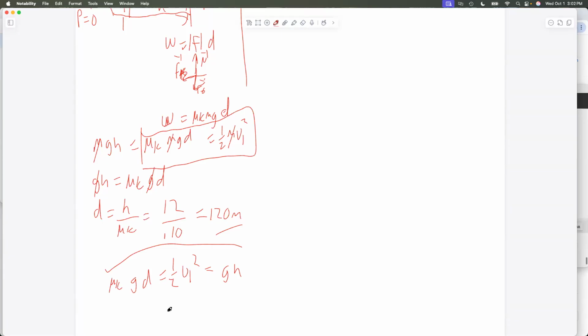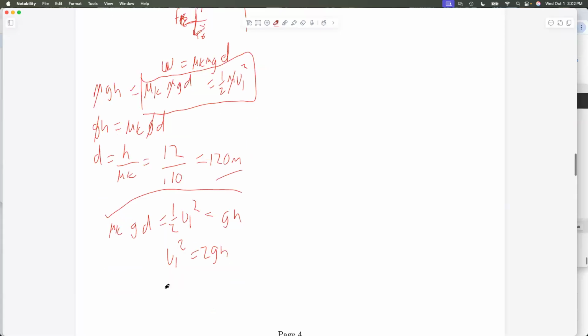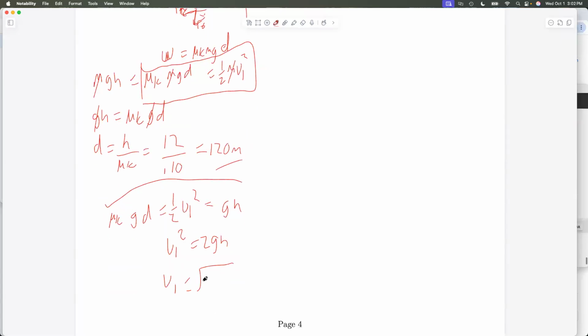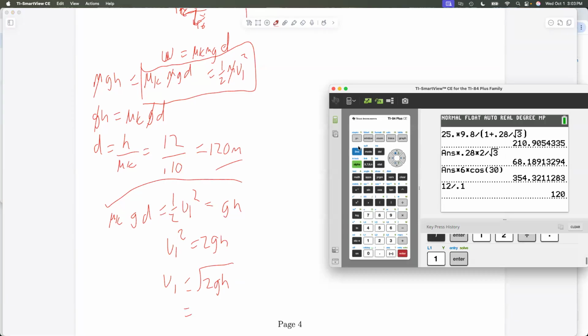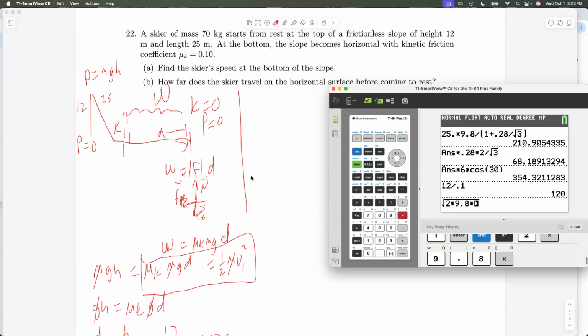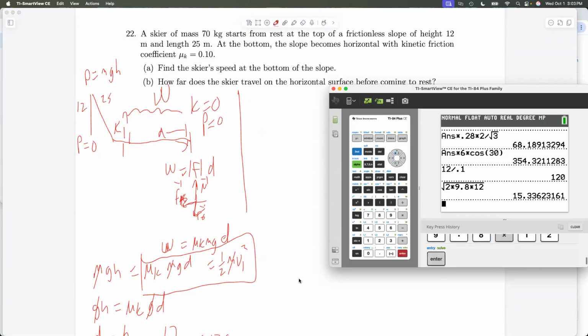I'll use these and say v1 squared equals 2gh. So v1 is the square root of 2gh. And so just throwing that in, square root of 2 times 9.8 times, what was our height? 12. 15.34.